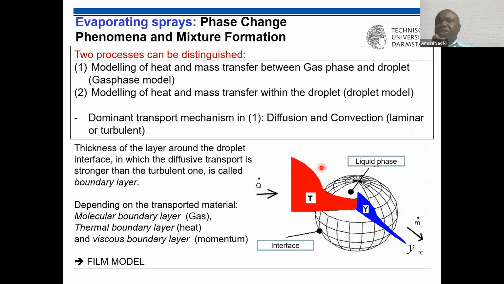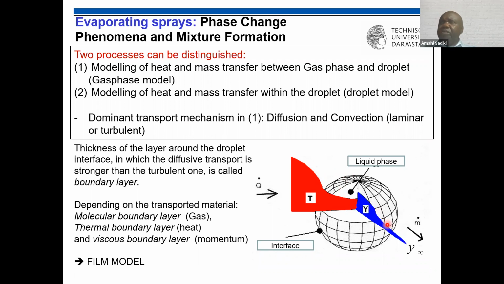In all this, we don't have very high temperature like in combustion. Then the dominant transport mechanism will be the diffusion and convection. It can be laminar or turbulent.